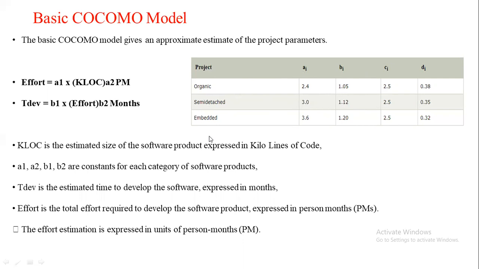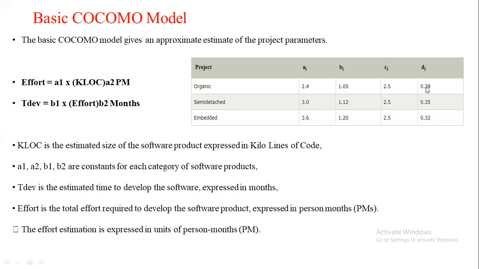According to the type of the project, A1 takes the value 2.4 for organic, 3.0 for semi-detached, and 3.6 for embedded. The A2 values are 1.05, 1.12, and 1.20. The B1 value is 2.5 for all the projects, and the B2 values are 0.38, 0.35, and 0.32.